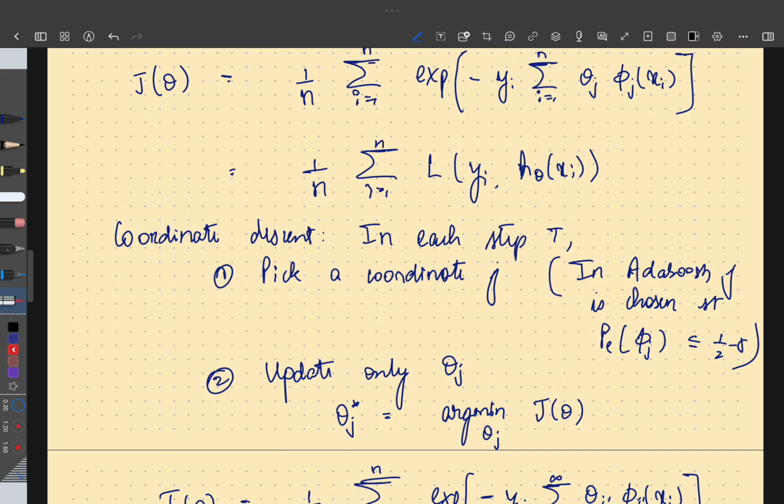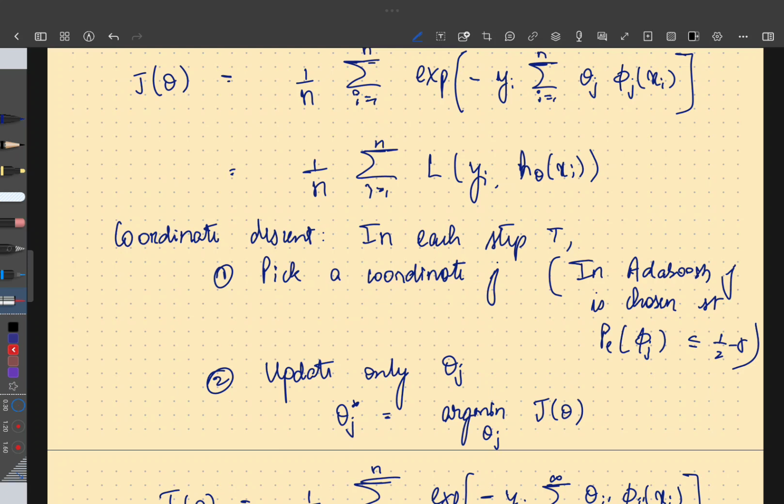For one, you could replace the exponential loss function with something else, let's say the logistic loss or hinge loss. And in every step, instead of doing coordinate descent, you could do something more similar to gradient descent.